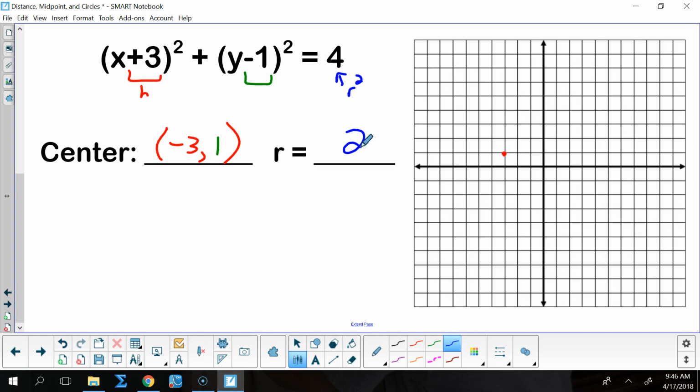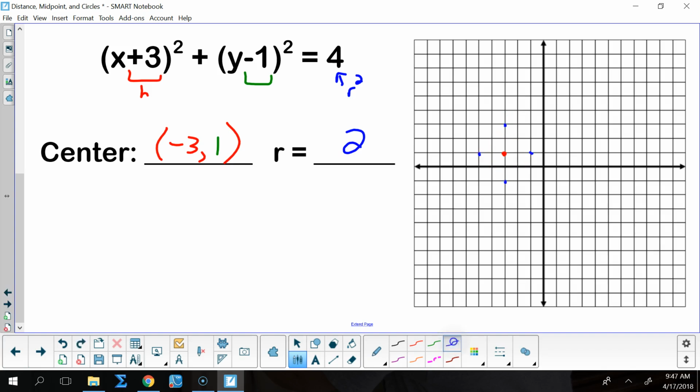For me to graph, that means I've got to go right 2, up 2, left 2, and down 2. And then from that, I've got to make what looks somewhat close to a circle. This is not a circle. So don't do that.